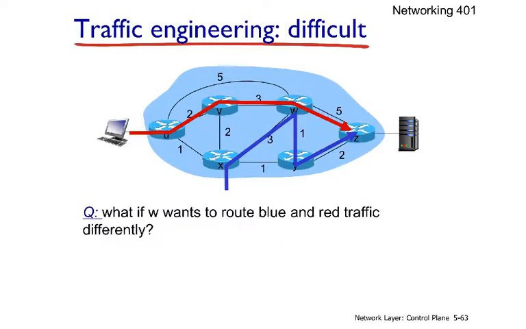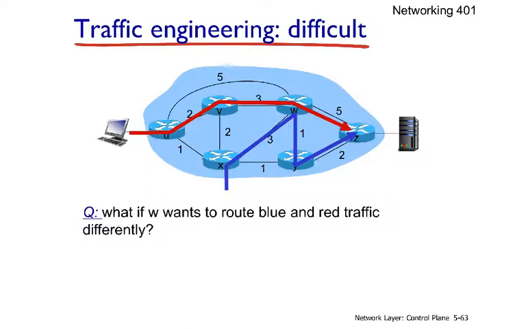In this slide, we have the scenario of the first question. We wanted to send the traffic from U to Z by using the path that is represented by red, and the traffic from X to Z by using the path represented by blue.